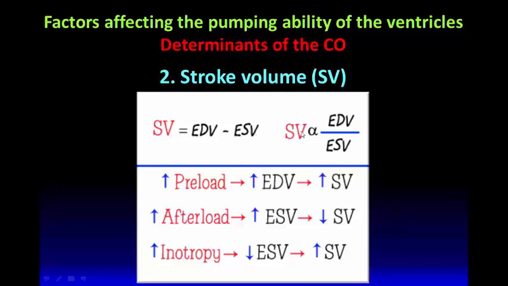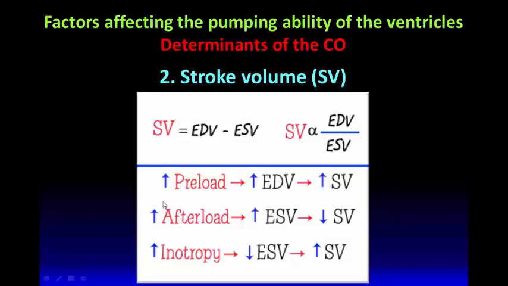Stroke volume is directly proportional to the end diastolic volume. So as the end diastolic volume increases, stroke volume also increases. Stroke volume is inversely proportional to the end systolic volume.